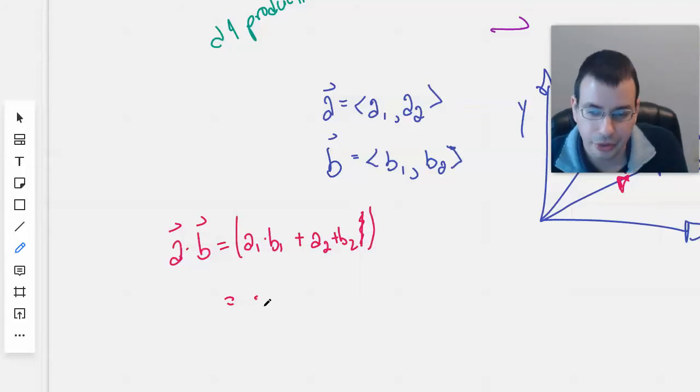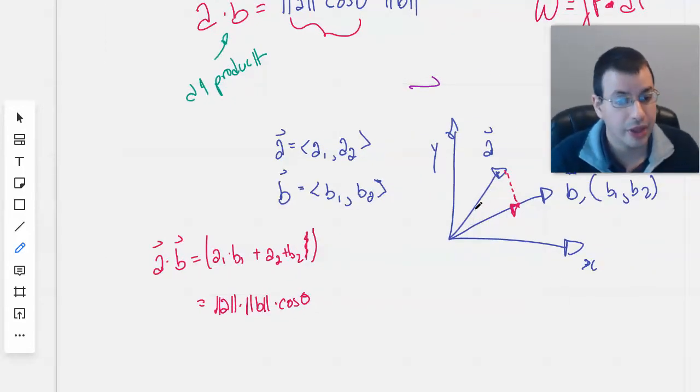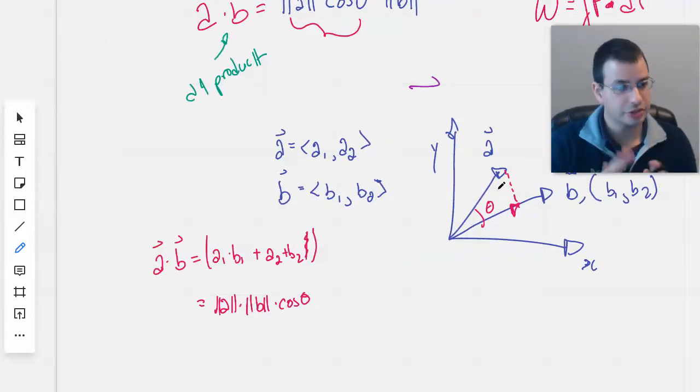And this will be equal to the magnitude of A times the magnitude of B times cosine theta. This is also a really interesting way of finding what the theta is between two vectors, by doing this equation right here.